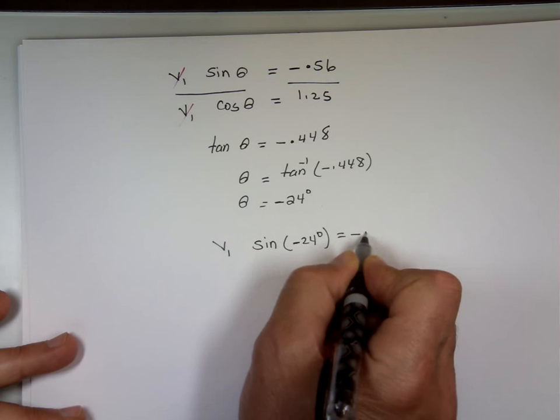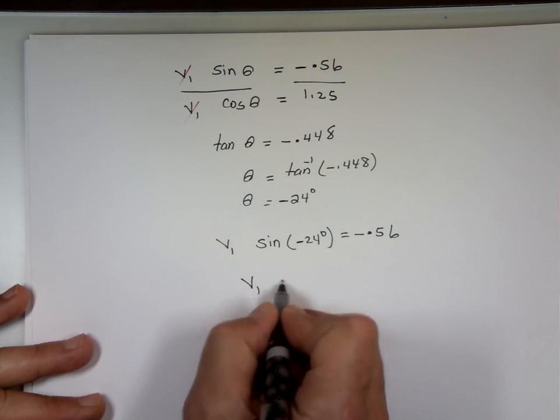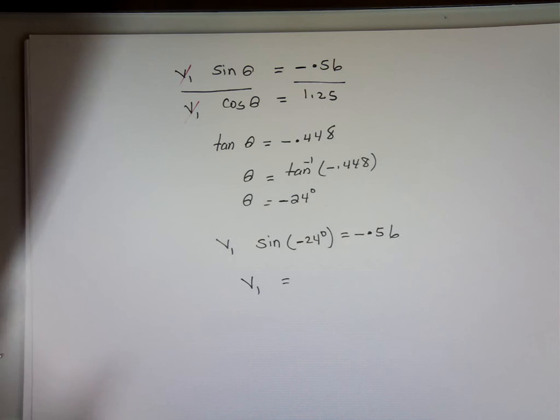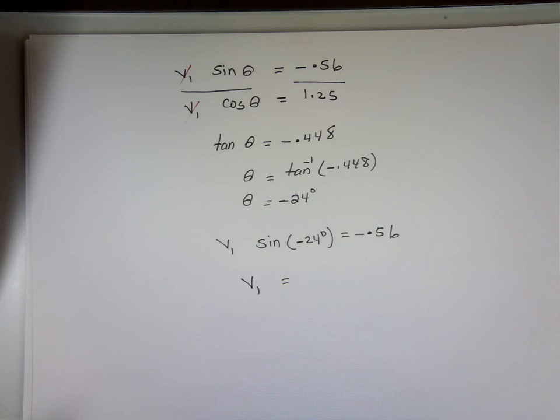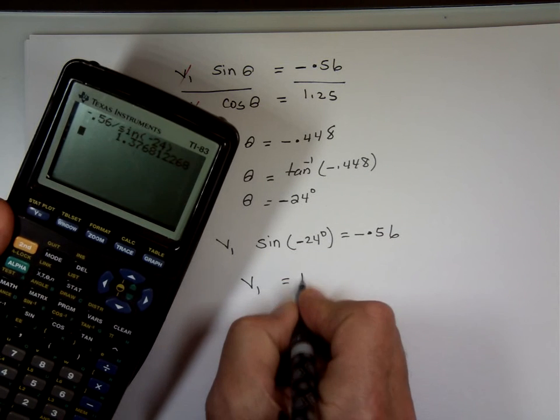Can I get V1? Negative 0.56 divided by the sine of negative 24. V1 is 1.38 meters per second.